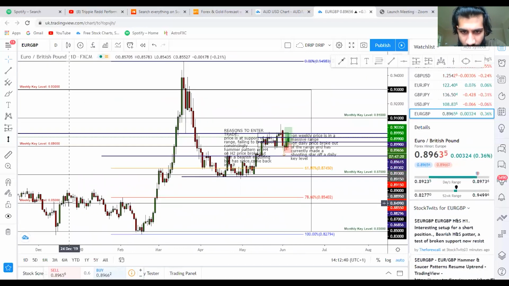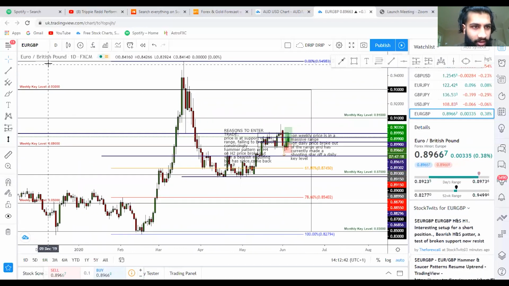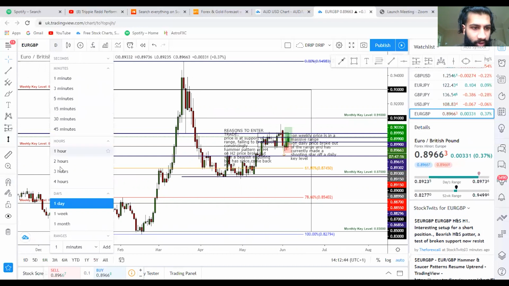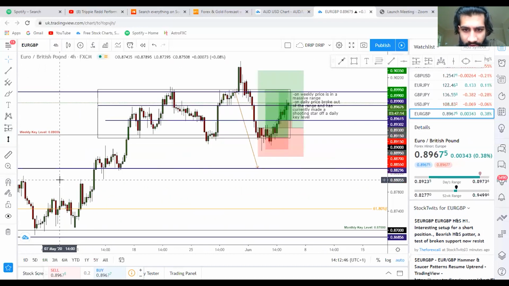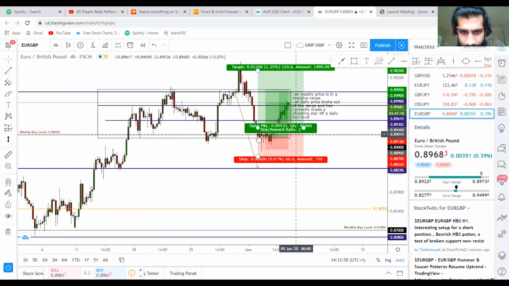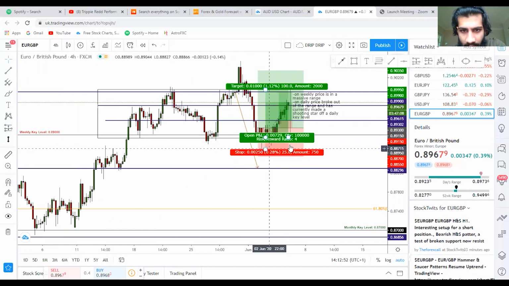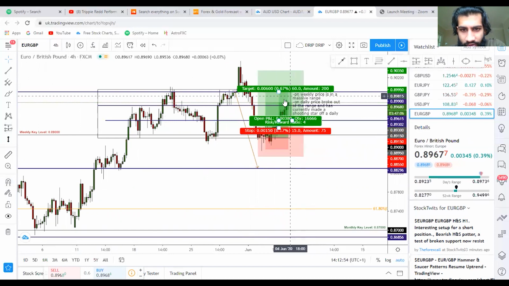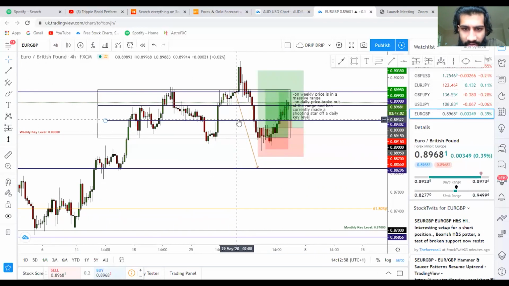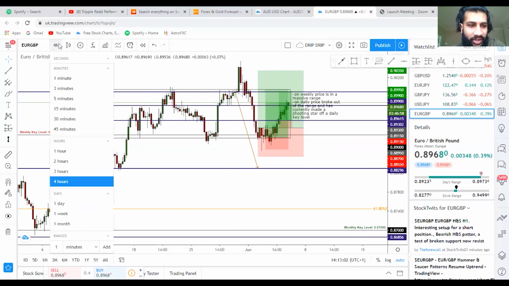Euro GBP, the important one. Oh, you sexy thing. It's at a level where I wanted to enter again as well. With this one I've made 2 entries. Yesterday I was going to enter where this key level is, but the price just hadn't given me the right sort of candlestick for me to enter.